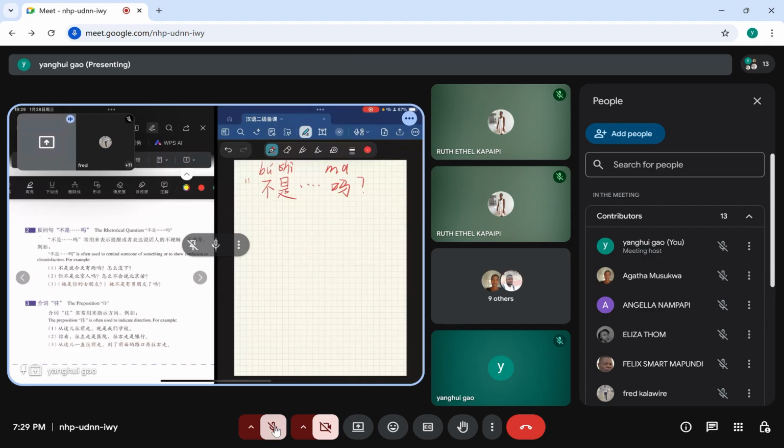So 不是吗 is often used to remind someone of something or to show confusion or dissatisfaction.